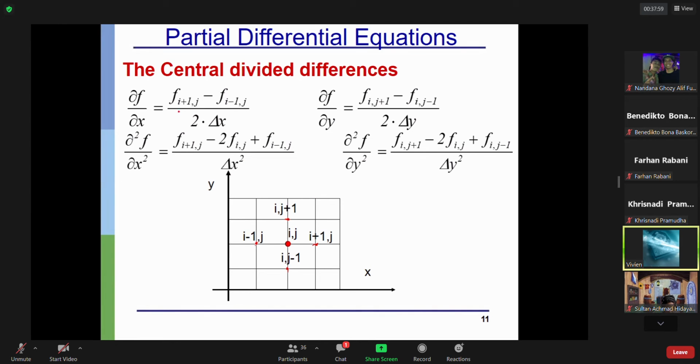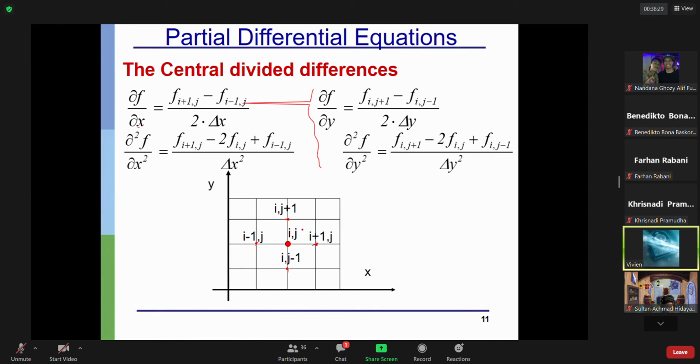So the first derivative using central divided difference will be f i plus 1 j minus f i minus 1 j divided by the distance, which is 2 times delta x. The second derivative will be f i plus 1 j minus 2 times f ij plus f i minus 1 j divided by delta x squared. Again, the y direction is similar.